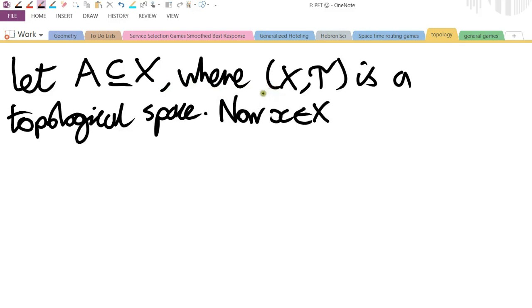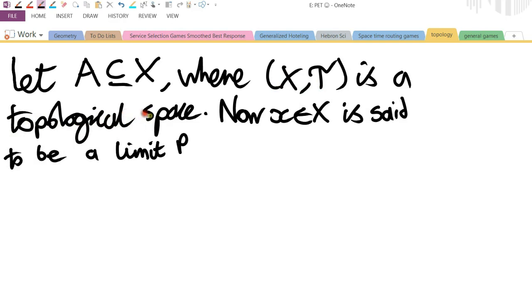Now we'll say little x is said to be a limit point of A if, so I'm using if with two F's here, that's just mathematicians' shorthand for if and only if.